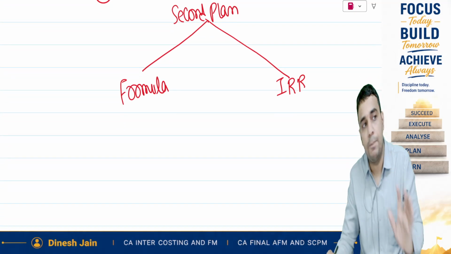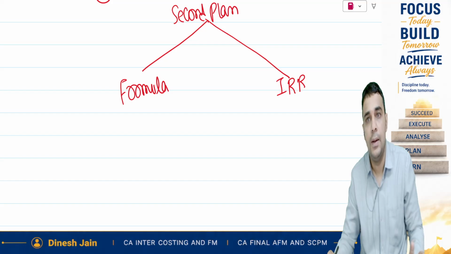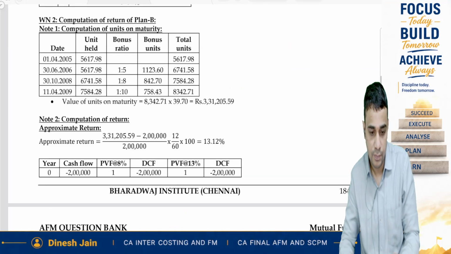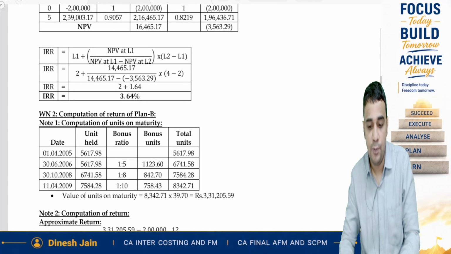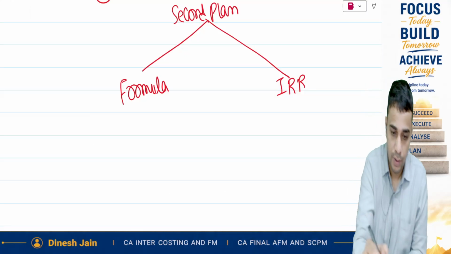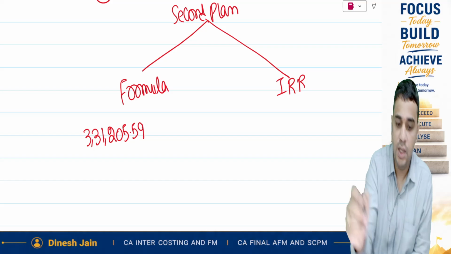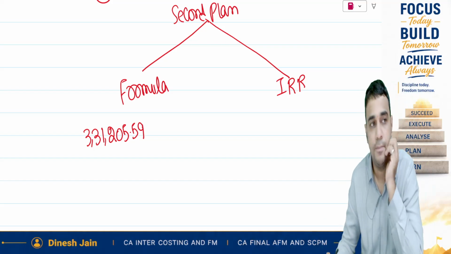For the second plan, again I'm going to take the maturity value from the problem. We are not going to spend time on that. The second plan maturity value is 331,205.59.